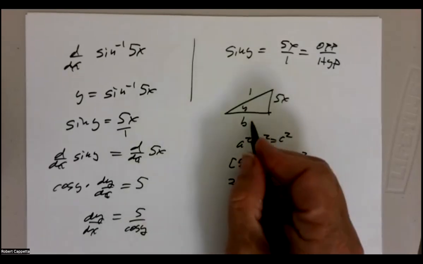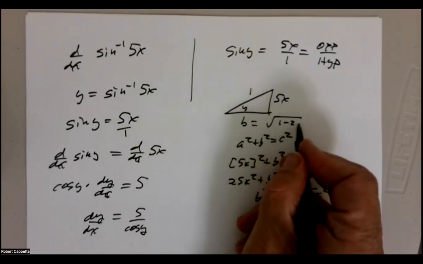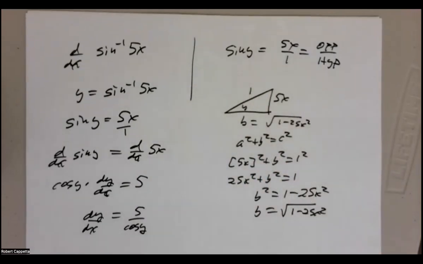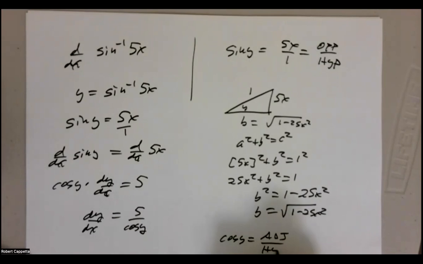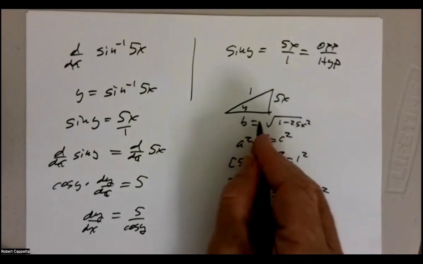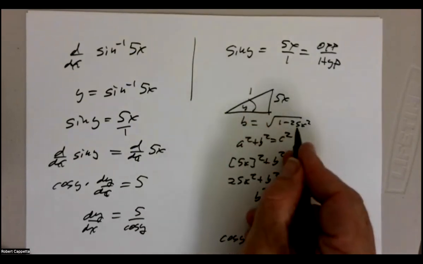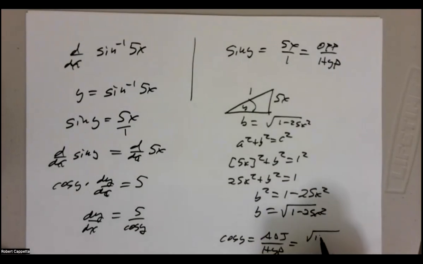So looking at this, cosine of y is adjacent over hypotenuse. Adjacent to y is root 1 minus 25x squared over 1.